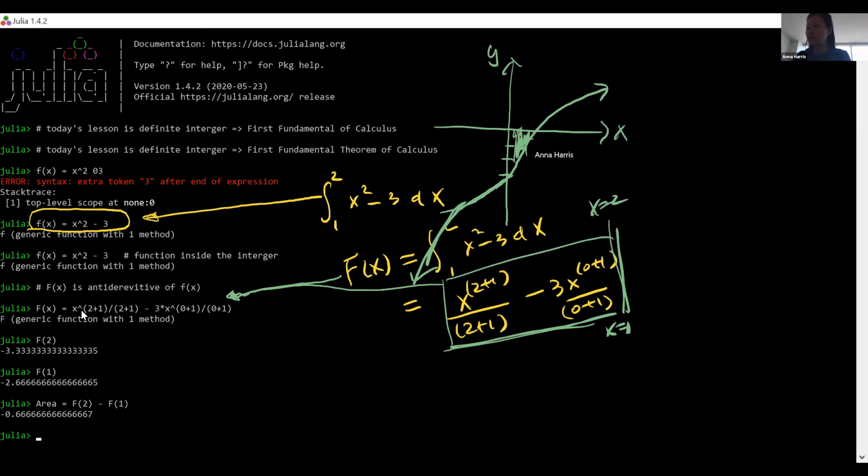This is your axis, so your area is under it. That's why you have a negative. If the area is above the x-axis, you get a positive answer. If the area is under the x-axis, you get a negative answer like this.